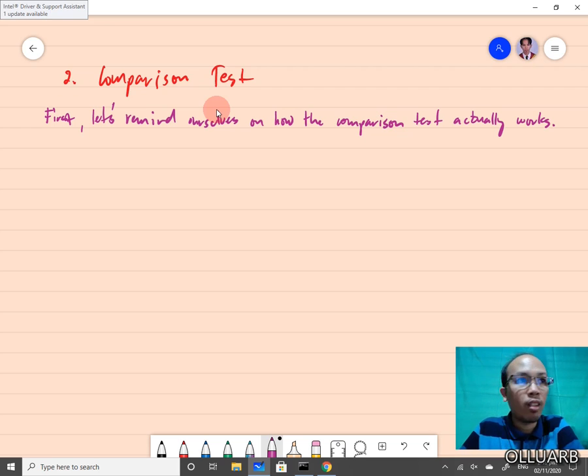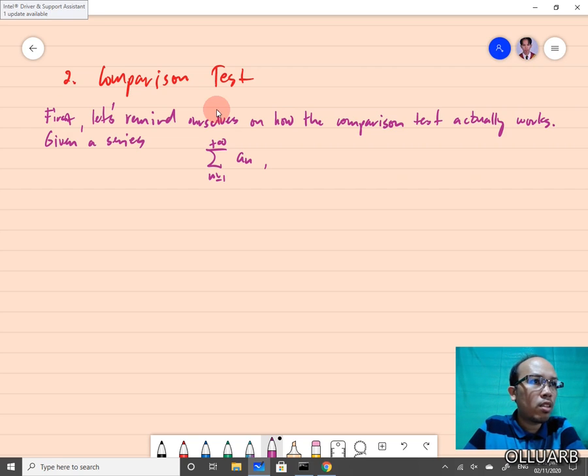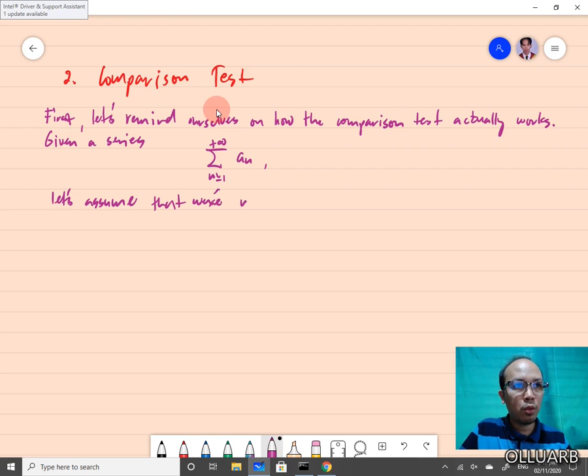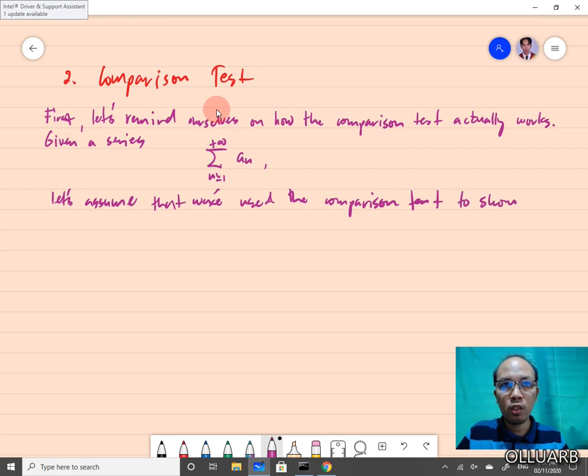Notice that if you are given a series, summation of a sub n, starts from 1 to positive infinity, let's assume that we've used the comparison test to show that it is convergent.